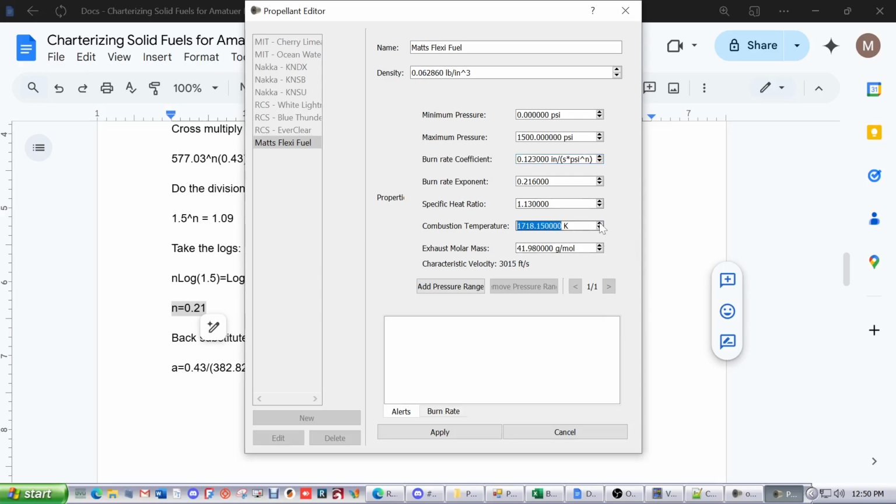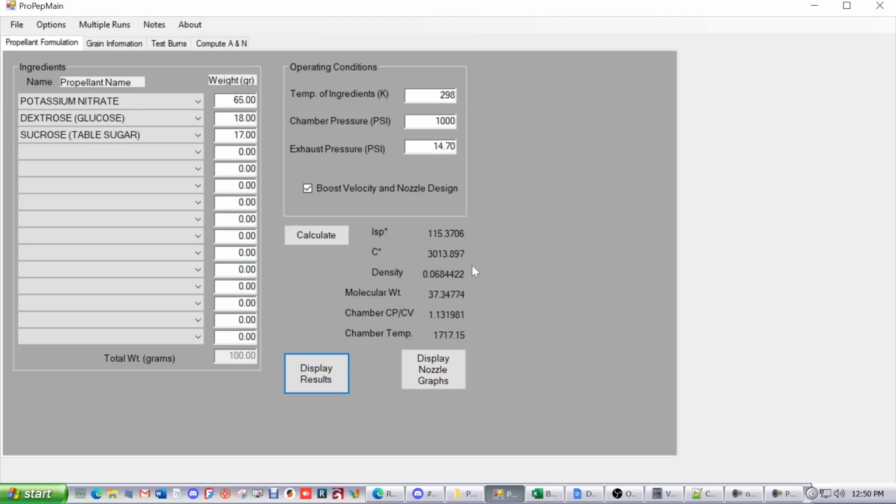Combustion temperature has an effect on it, and some other things, and the molar mass. So these things contribute to your characteristic velocity. Now, look how close we are. 3,014 feet per second versus 3,013.897 feet per second. That's almost spot on. That's pretty good.